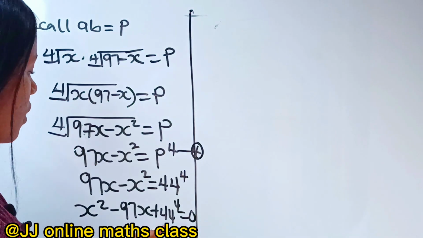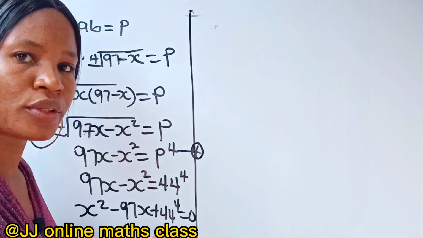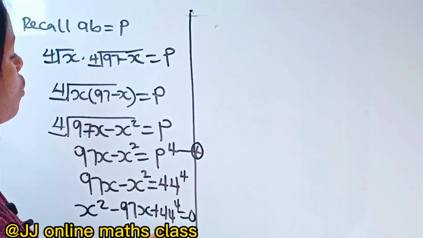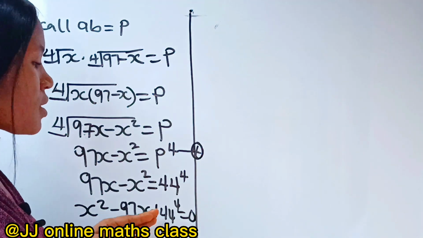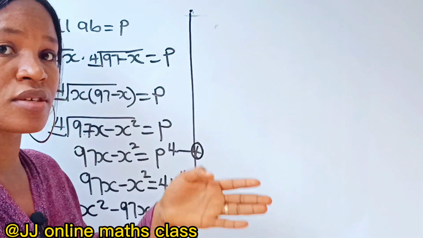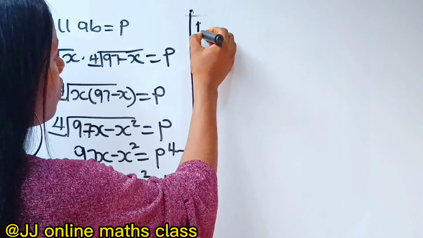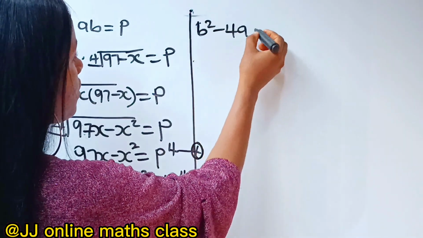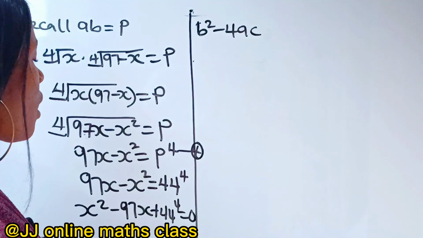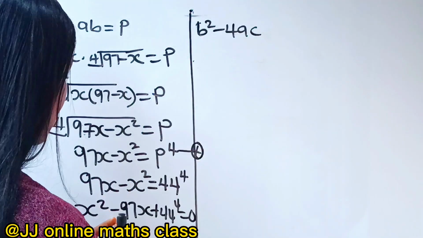All right. Now looking at this, this number looks huge. So compared to this, that means let's check using the discriminant, b squared minus 4ac. Now we have that our b is minus 97.